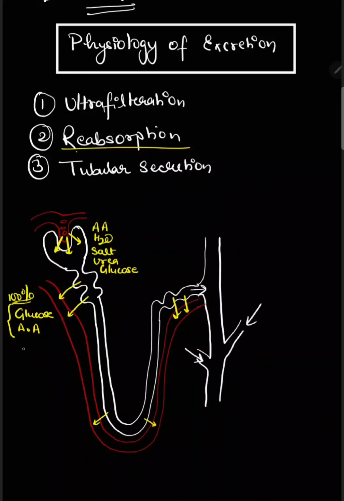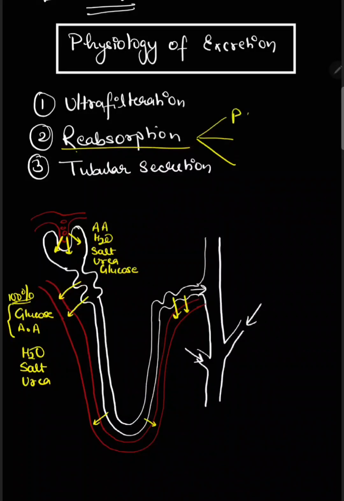Some amount of water may be absorbed, some amount of ions and salts. Some amount of urea may also be reabsorbed, maybe because the body needs it to maintain osmolarity.